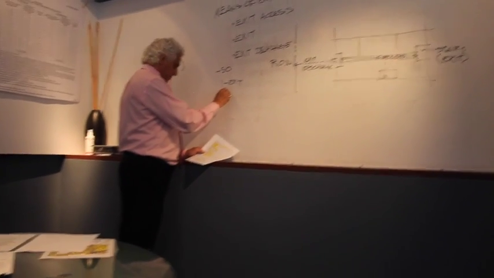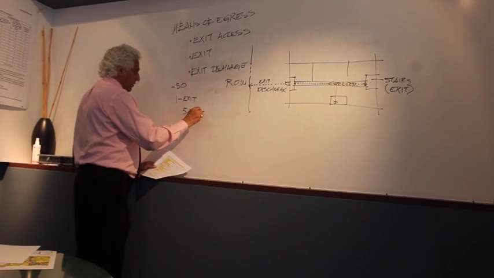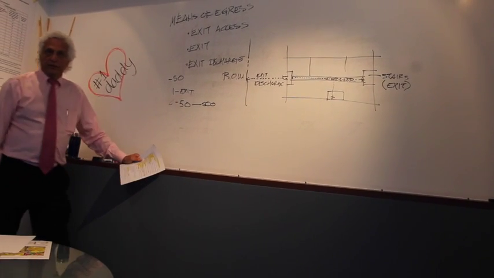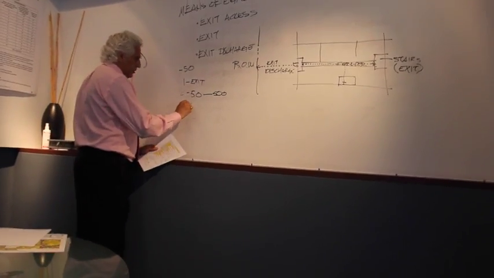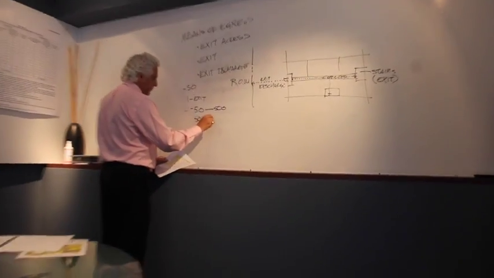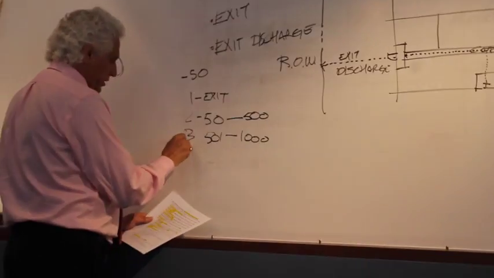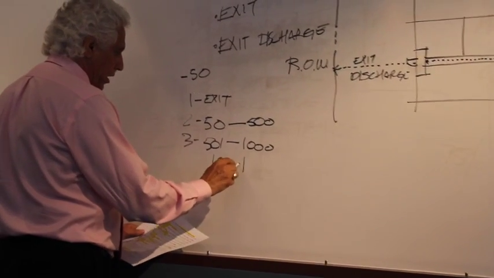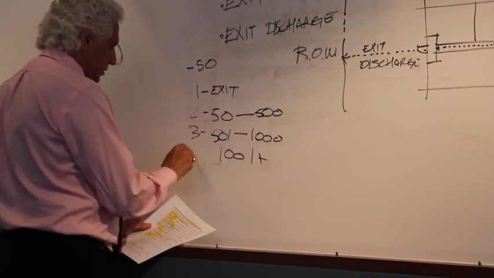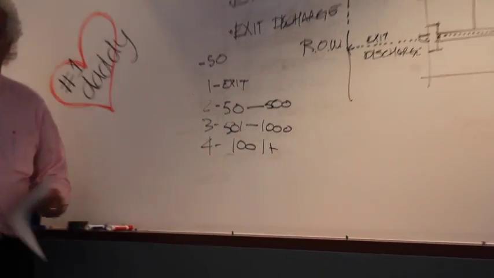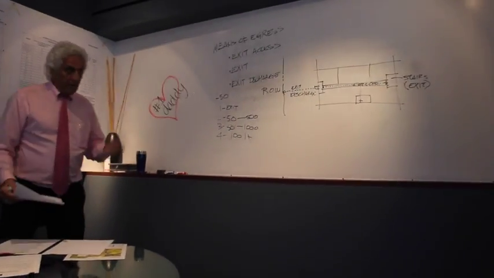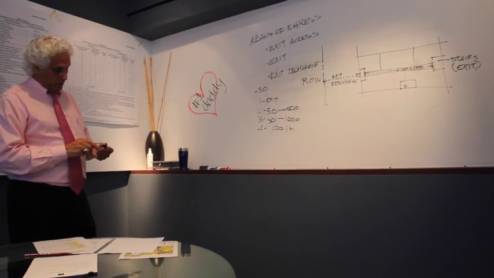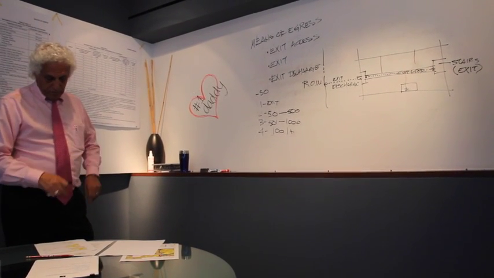From 50 up to 500 people, you'll need 2 means of egress, or 2 exits. Then from 501 to 1,000, you will need 3 exits. And from 1,001, you will need 4 exits from a building. But that's usually a rule of thumb, and the code will dictate those actual requirements.